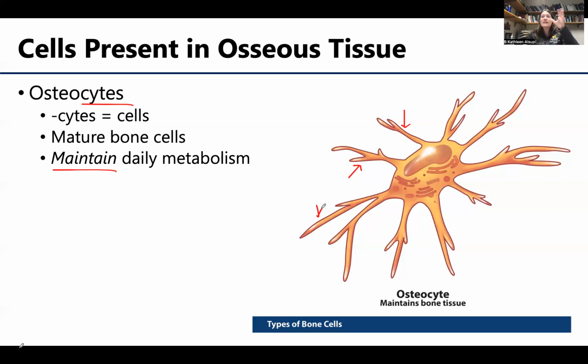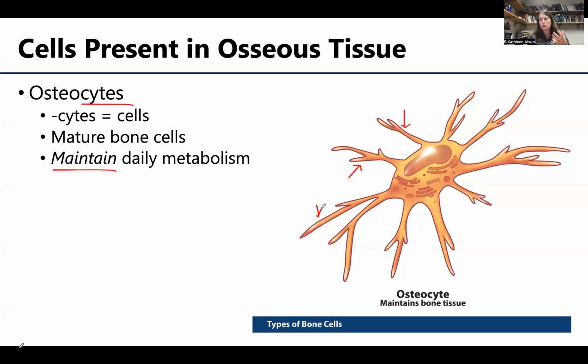It's a mechanosensor that allows control of the adaptive responses to mechanical loading on bone. So if there's too much stress on a bone or not enough, it's going to utilize hormonal or mechanical signals in regulation of bone mass.